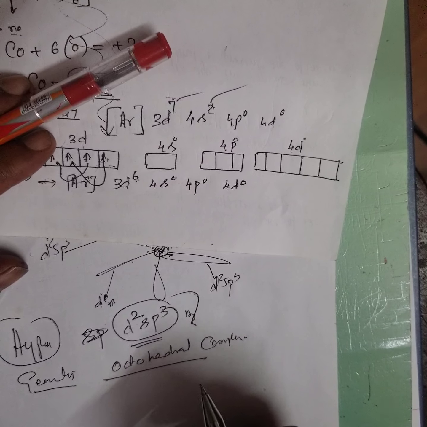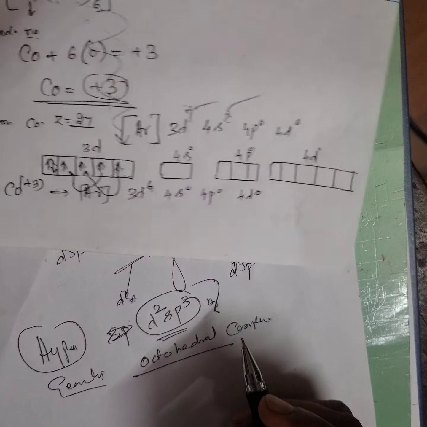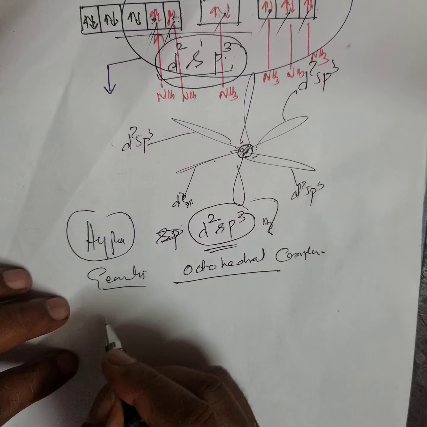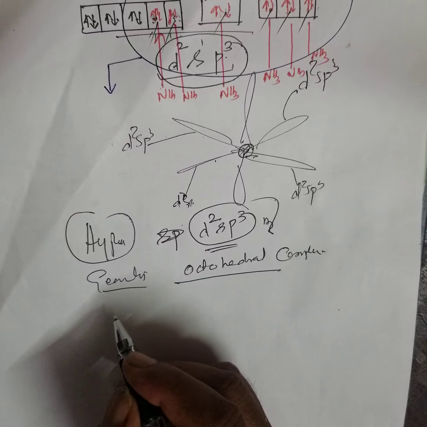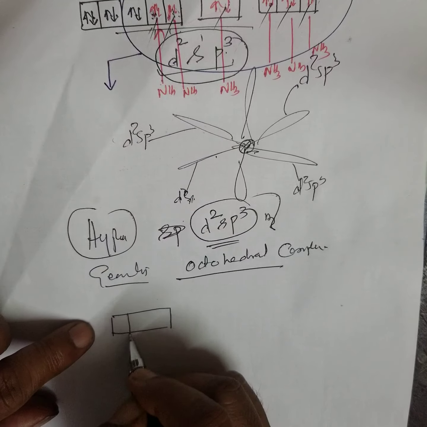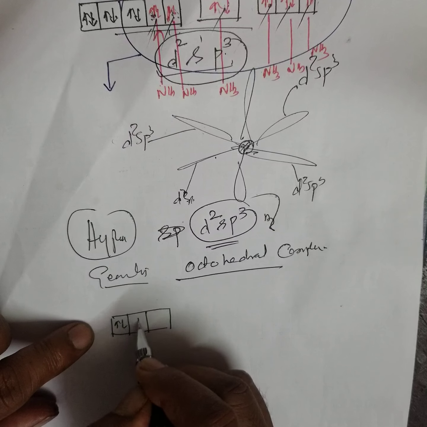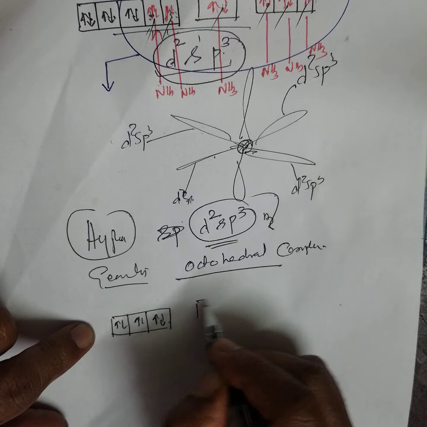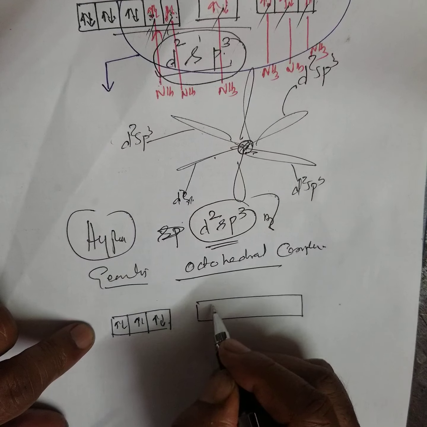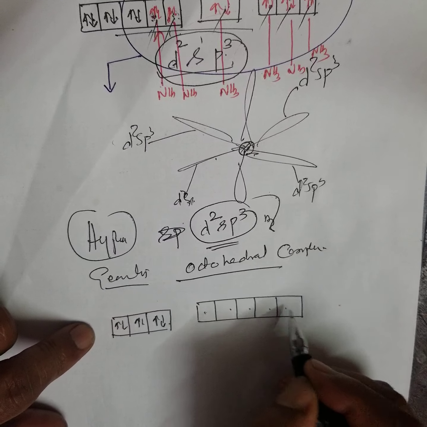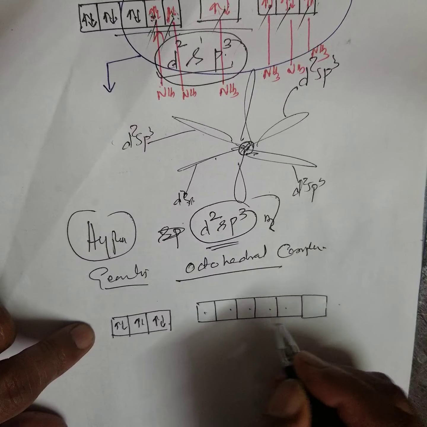Now, see how I will write it. Finally I am writing this, 1, 2, 3. This is for the metal. Here it will detach 6, 1, 2, 3, 4, 5, 6.